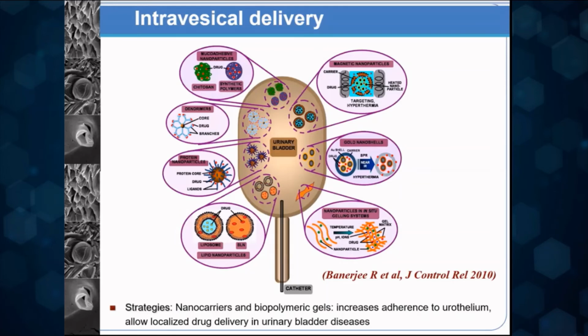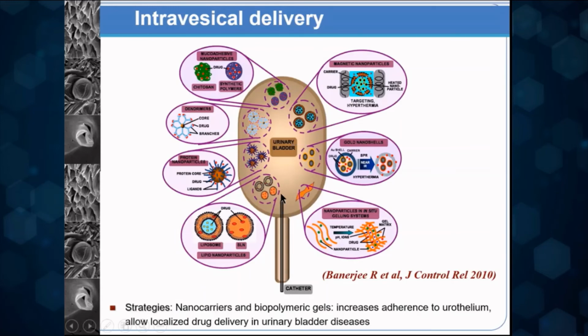So various applications exist. And for each of them, the strategy of your in situ gelation and the trigger has to be optimized for that specific need. So one example I'm showing you here is what is called intravesical drug delivery. Now, this is actually the urinary bladder. If you give a drug systemically, very little reaches the urinary bladder.